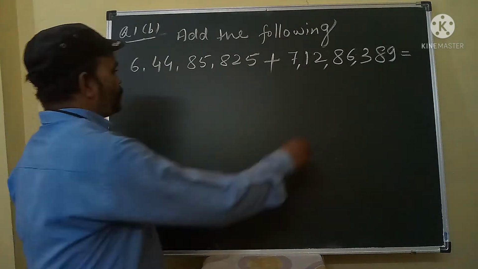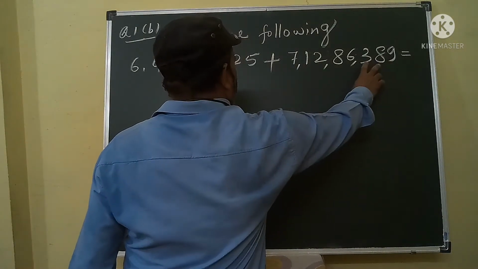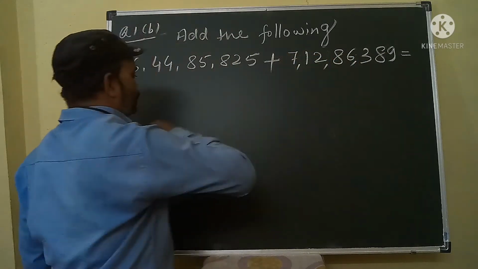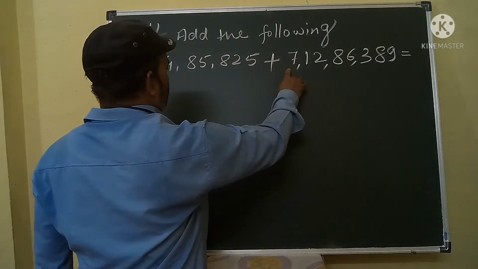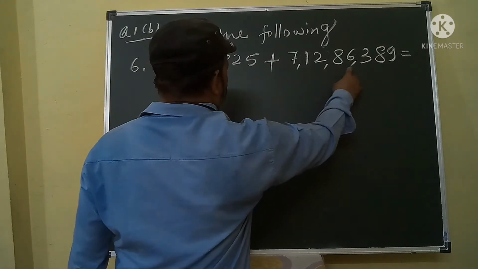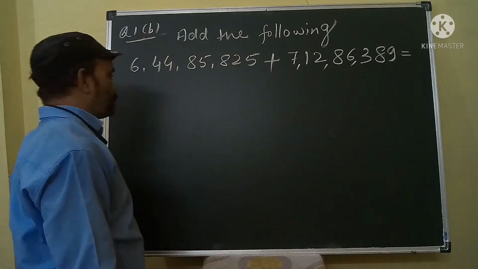And this is ones, tens, hundred, thousand, 10,000, lakh, 10 lakh, crores. This is 7 crores, 12 lakh, 86,389.